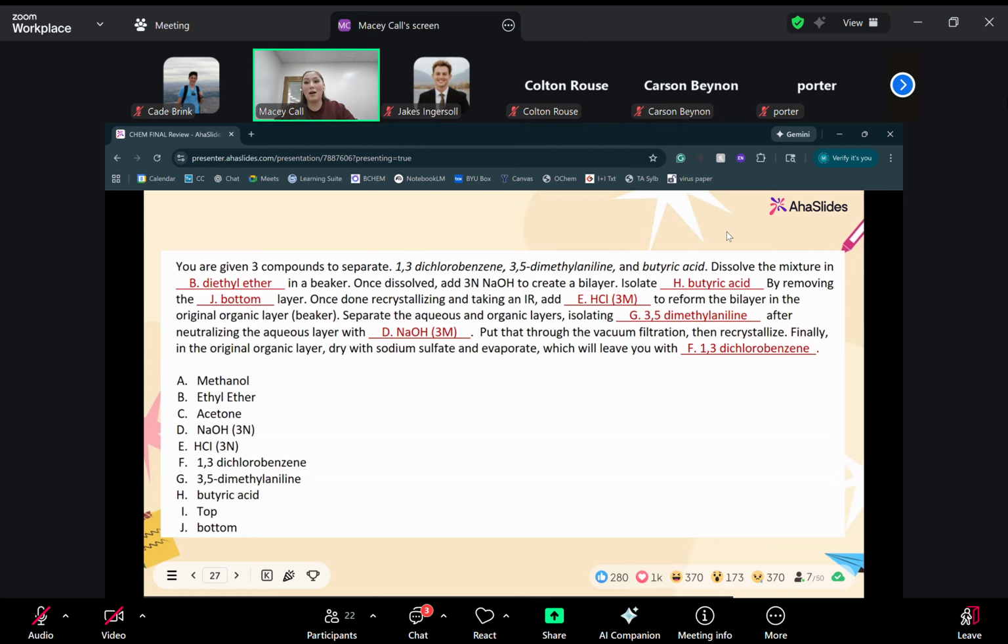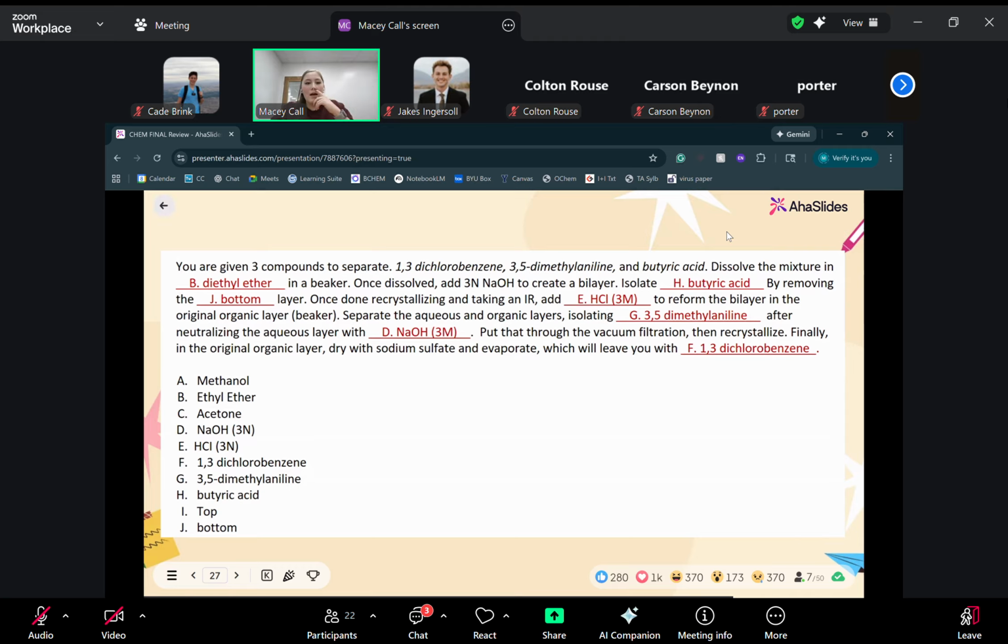Diethyl ether is less dense than water, so my organic layer is going to be on top, and my aqueous layer is going to be on bottom. If I had methylene chloride, it is more dense than water. So methylene chloride, my organic layer, is going to be on the bottom, and my aqueous layer will be on the top. So it's really important that we understand that difference. Diethyl ether, less dense, on the top. Methylene chloride, more dense, on the bottom.